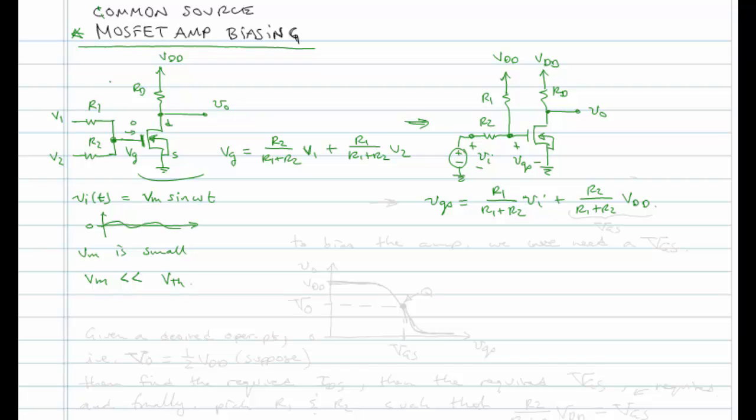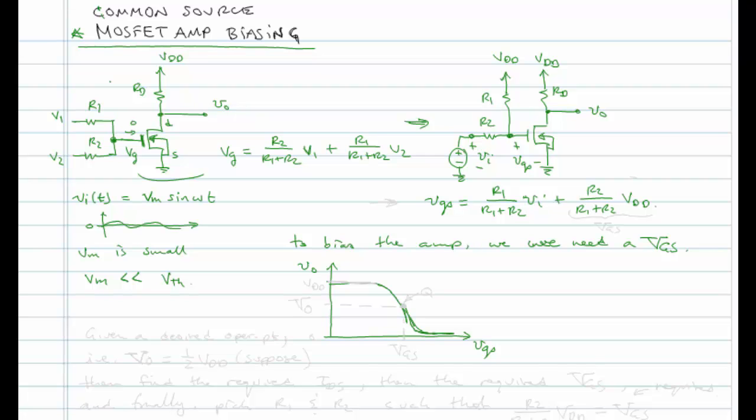And now we know that to bias the amp, we need a capital VGS, right? So remember that if I were to plot the VGS versus VO, we'll have something that looks like this.